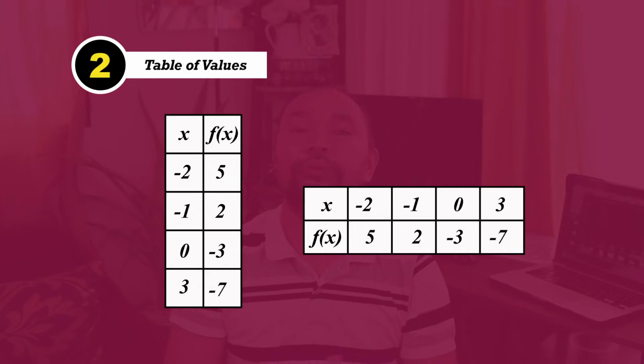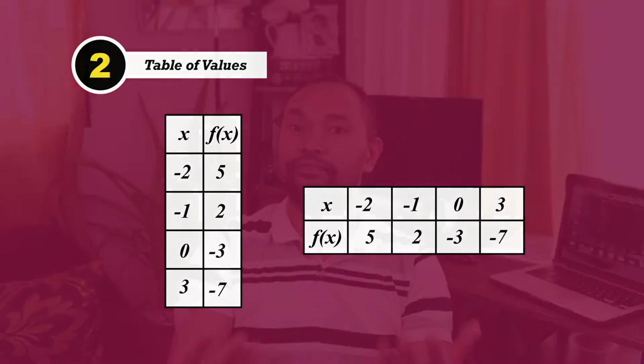Whichever way you choose is up to you, so long as the convention followed in mathematics is that the first row represents your x values or your domain, and the second row represents the y values or your range. Now, how do we write them in the vertical way? The first column should be your x values or your domain, and the second column should be your y values or your range. That's how we follow it as a convention in mathematics.